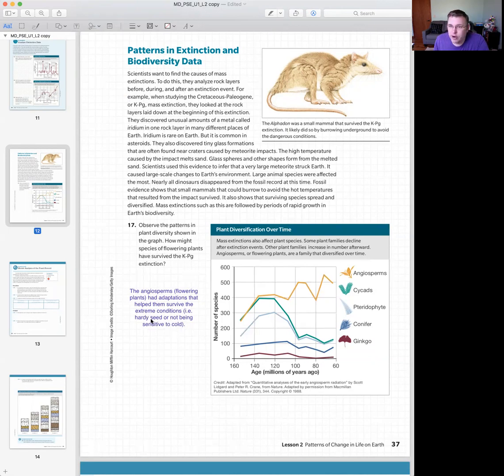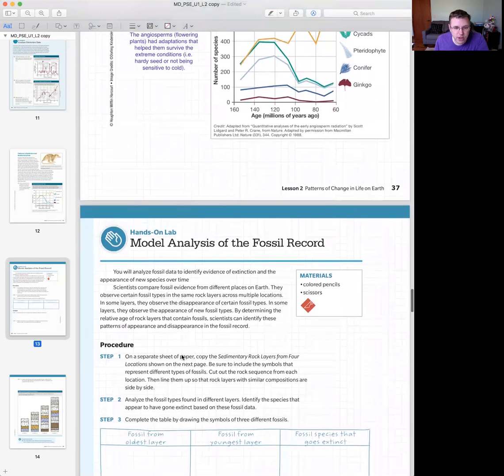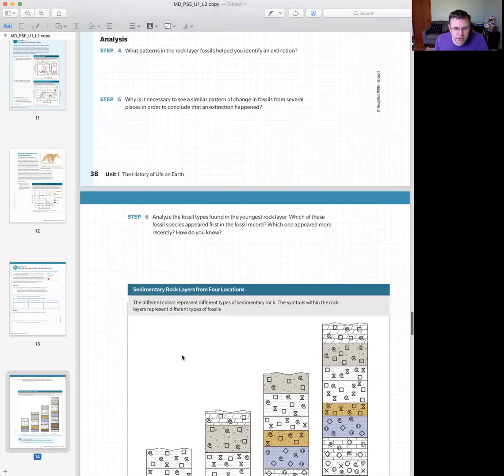Having very hardy seeds, so the seeds are able to survive if it's dry or cold or some sort of harsh condition. Whatever the situation might be, the angiosperms have been better adapted over time and are able to survive these extinction events better than some of the other plants, is basically what it's showing us in that question.